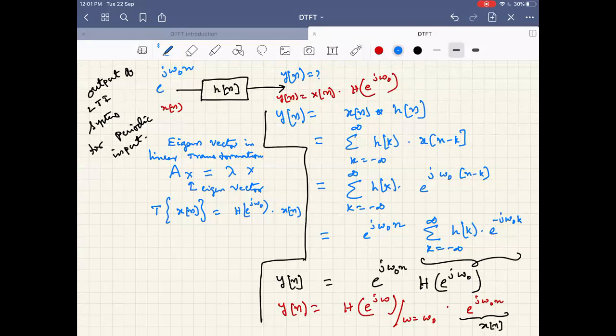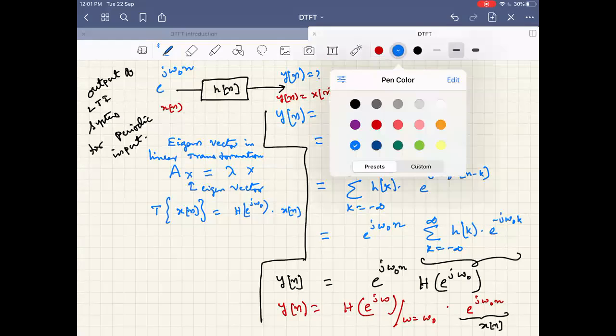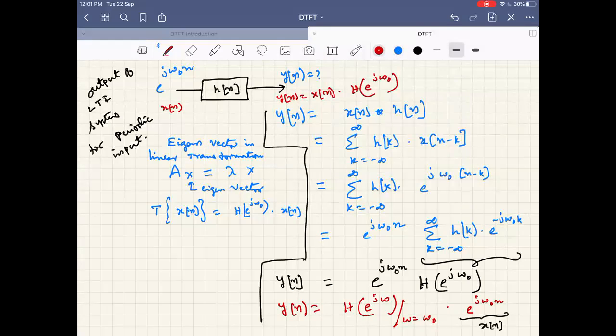In this case the output is this, which can be identified as similar to the eigenfunction property of linear time invariant systems.